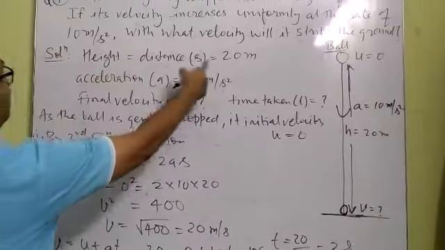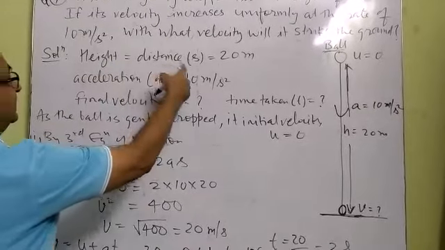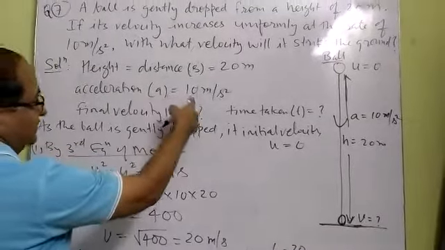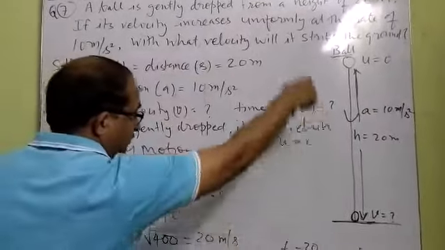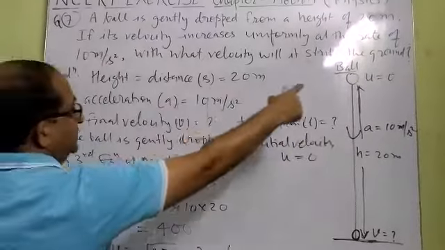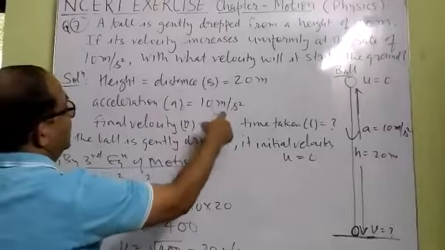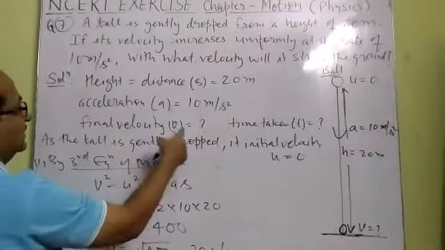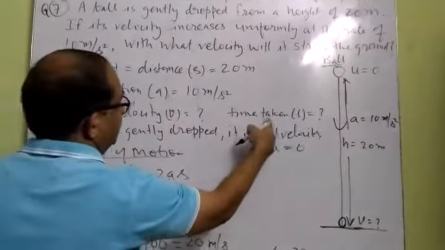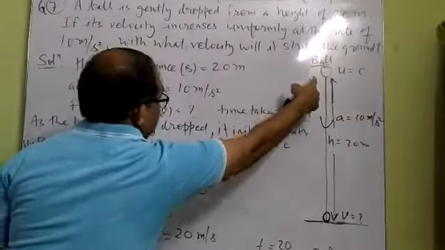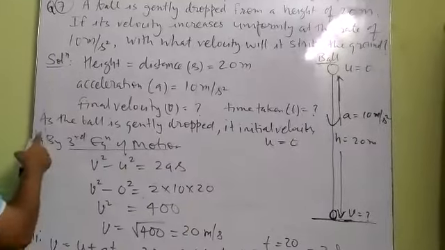The height is given, which is also considered as the distance, s = 20 meters. Acceleration is positive because the ball is moving towards the earth and its speed goes on increasing, that is why a = +10 meters per second squared. We need to calculate the final velocity, and in the second part also the time taken between the initial and final position.